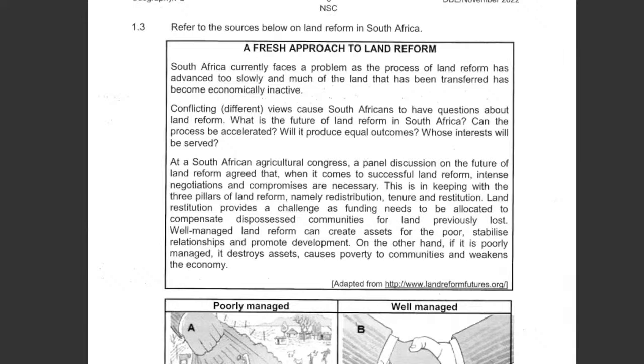Conflicting or different views cause South Africans to have questions about land reforms. What is the future of the land reform in South Africa? Can the process be accelerated? Will it produce equal outcomes? Whose interests will be served?